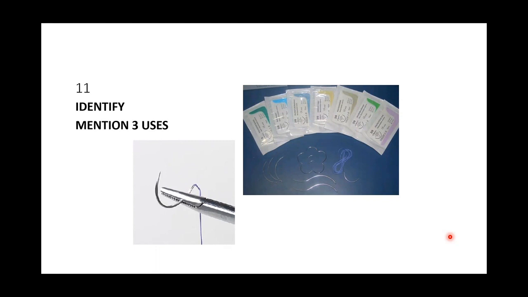Yes, a fair attempt. This is an oral question. A suture is defined as a strand of material for approximation of wound edges or ligation of blood vessels. You use suture for approximation of wound edges or for ligation of blood vessels.